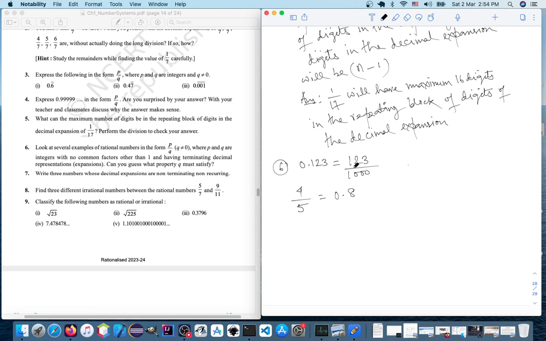Look at several examples of rational numbers in the form p by q, where p and q have no common factors. So what can be other rational numbers?